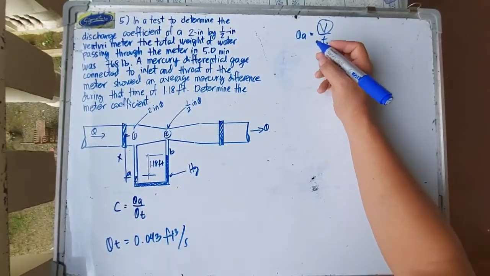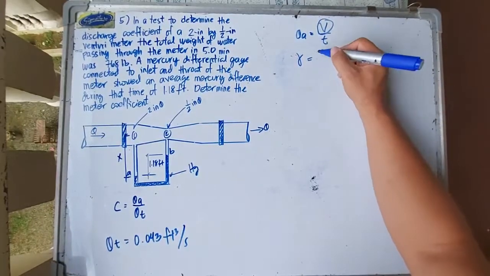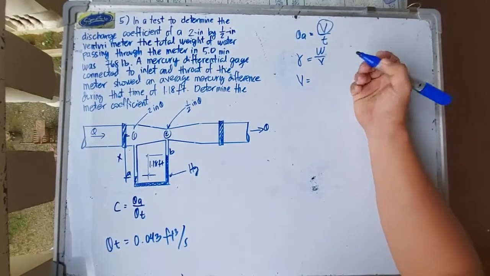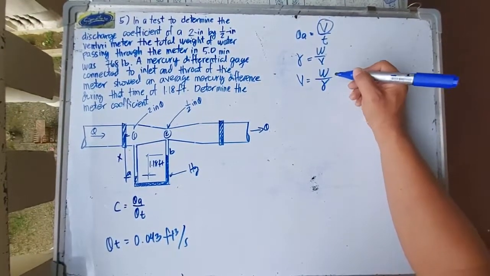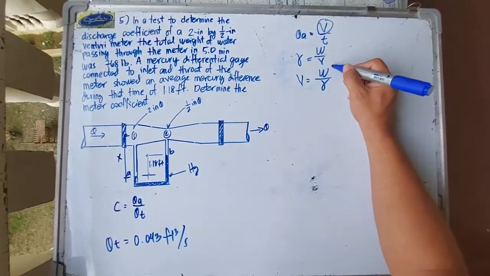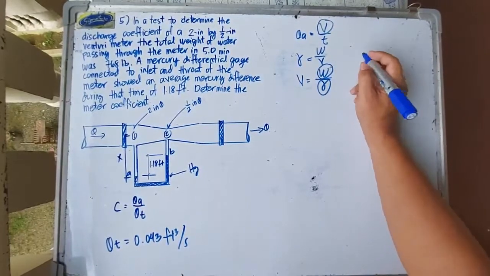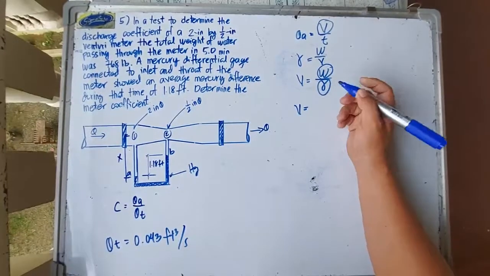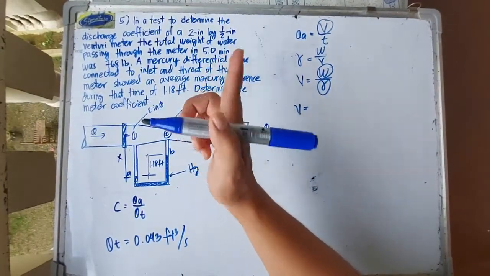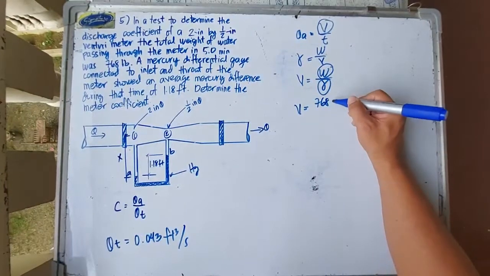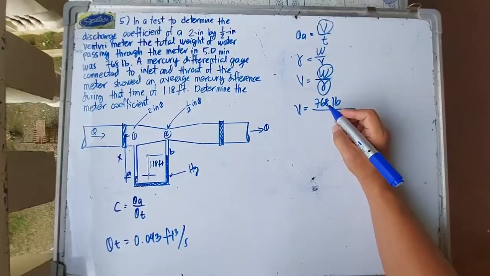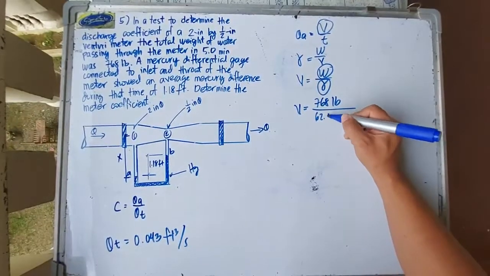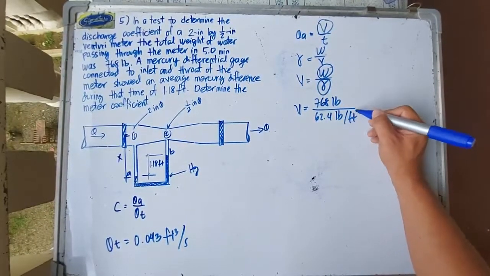We know that unit weight is equal to weight over volume, and volume is equal to weight over unit weight. The unit weight of water is 62.4 pounds per cubic foot.